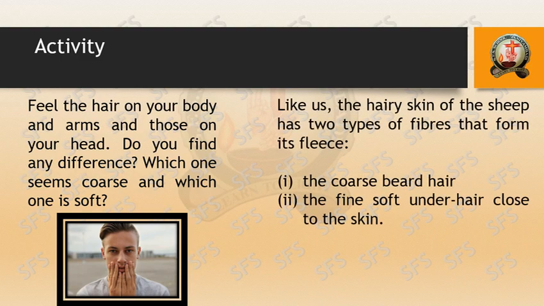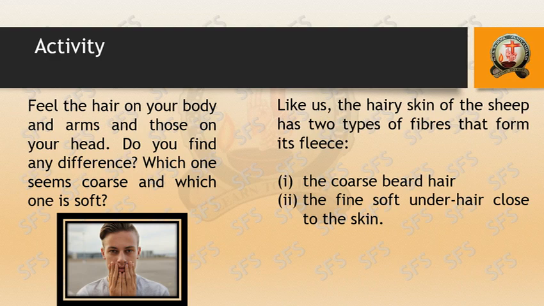Okay. Now, how does it link to the sheep? Like us, like human beings, the hairy skin of the sheep has two types of fibers that form its fleece. One is the coarse beard hair, like how we have beards in different shapes. The same way, in their body there will be coarse beard hair, twisting in different shapes.